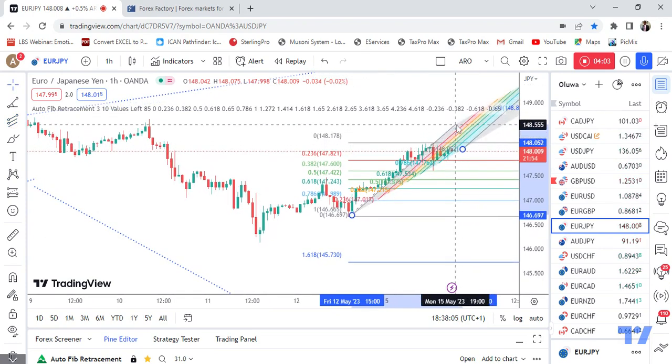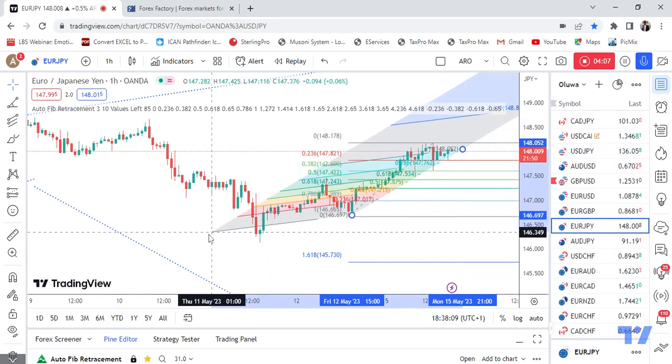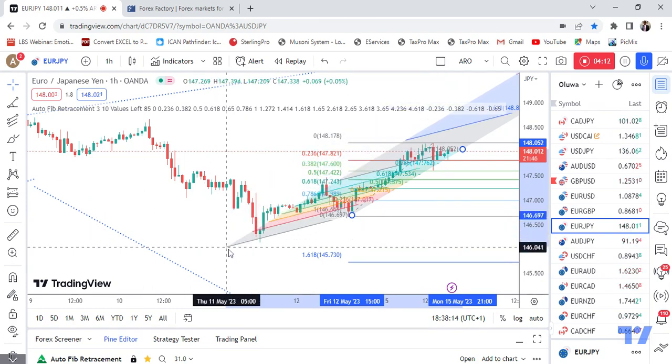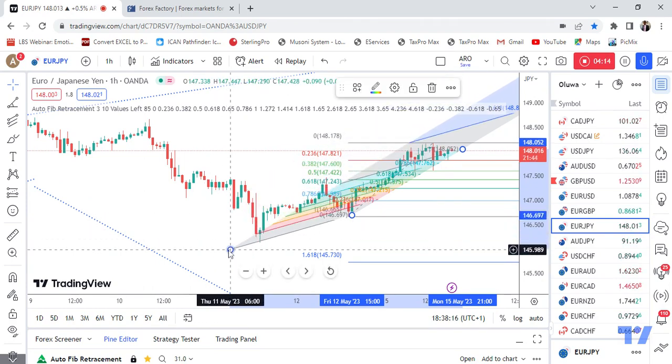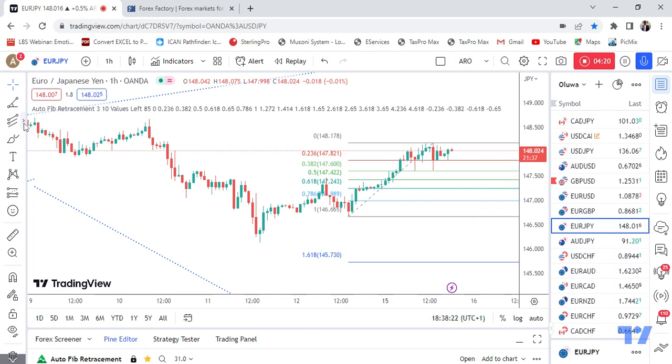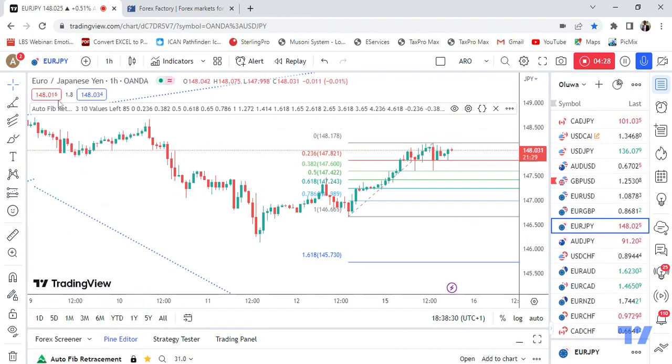If you draw a channel, you know the channel of the trade that you want to trade on. You use that for that. Then you also have other tools here as well that you can use under Fibonacci tools.